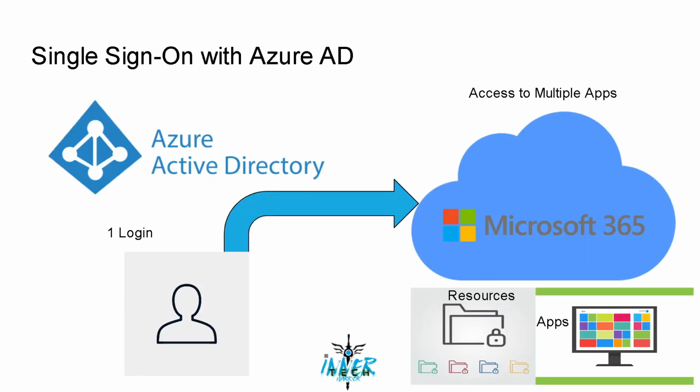Azure AD also provides features like single sign-on, which lets our employees use one set of login credentials to access multiple cloud applications. This makes it easier for them to work with different apps and services without having to remember multiple usernames and passwords.